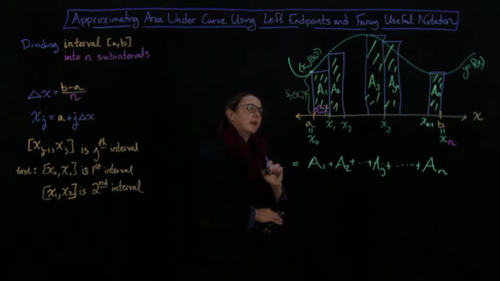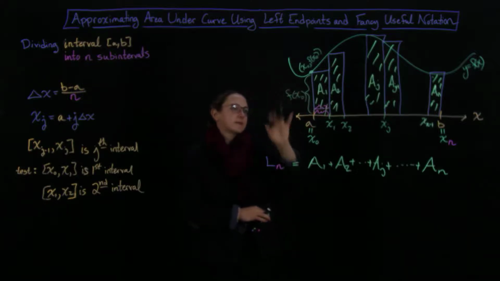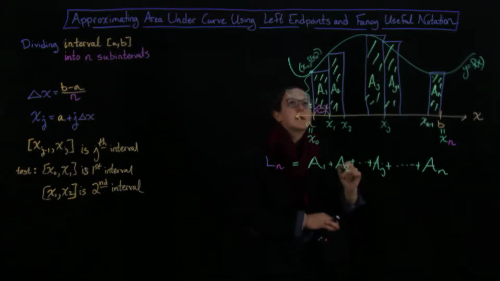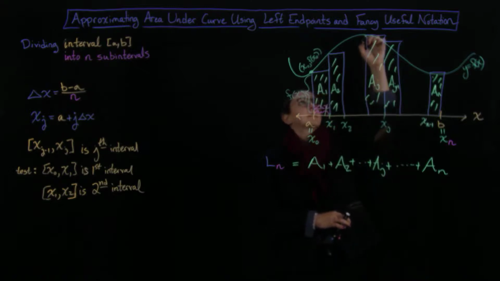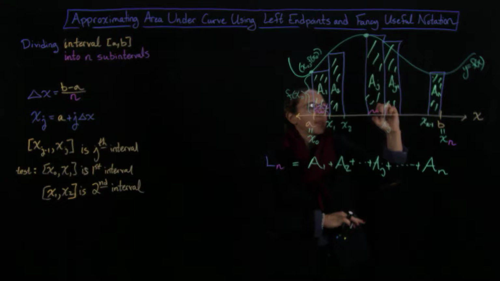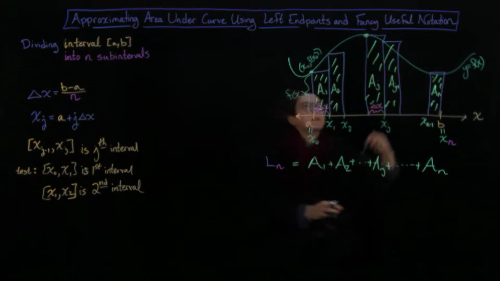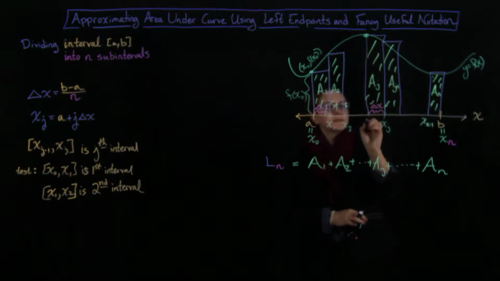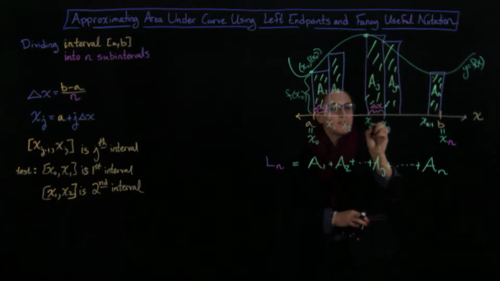Okay. And then maybe it's easiest, instead of crowding that one, to look at what's happening here. So I still have that this is delta x. And then here I have, so this is xj minus 1.